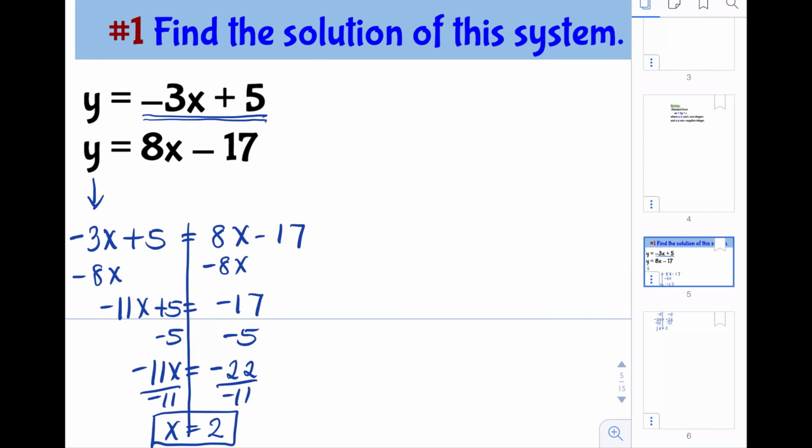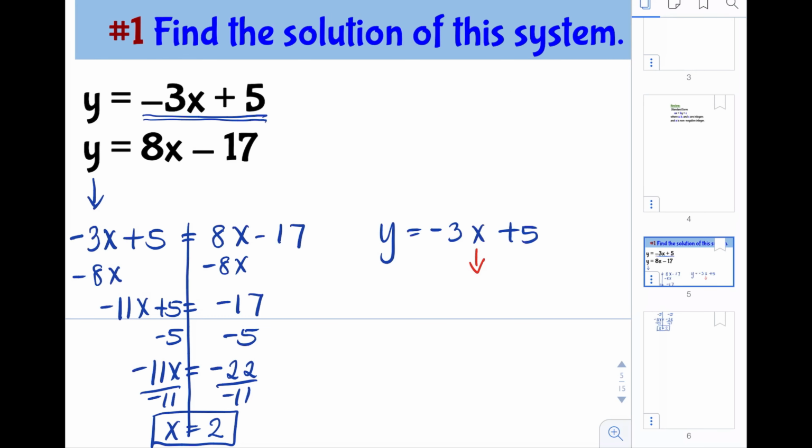Now that we have the x value of 2, we can substitute x is 2 into either the first or second equation. So in this case, I will just substitute 2 into the first equation, y is equal to negative 3x plus 5. So I will be replacing the x value, that is 2.